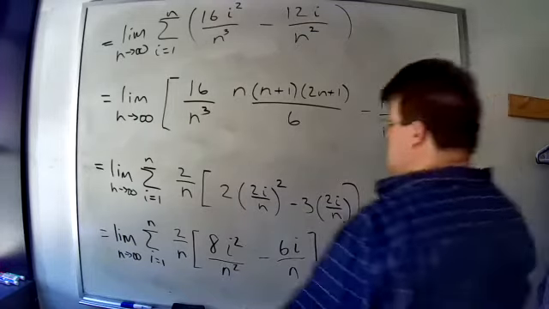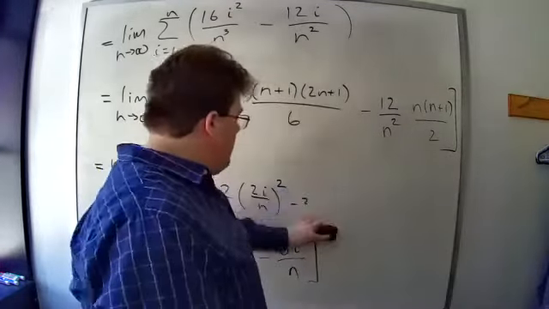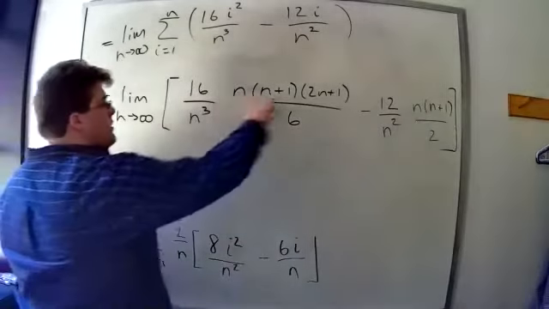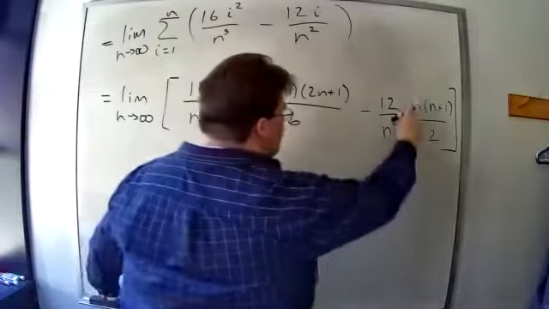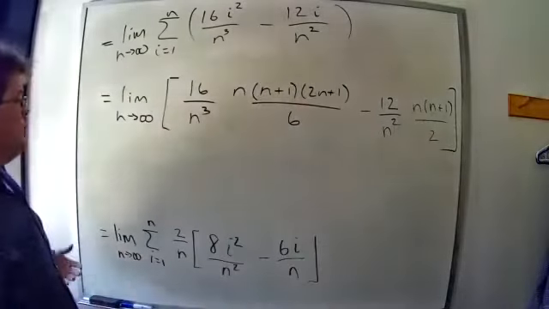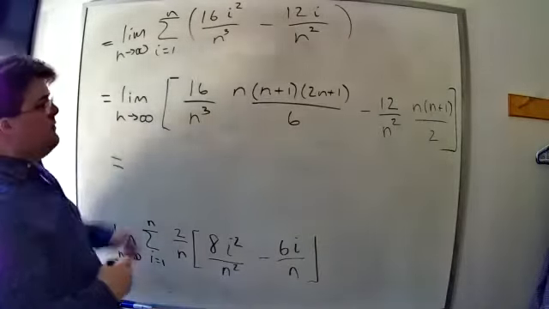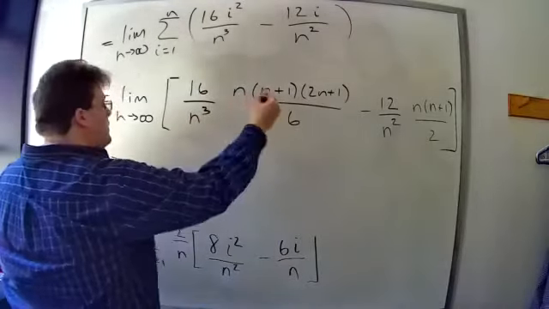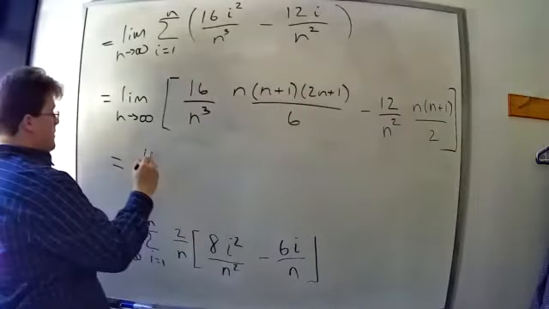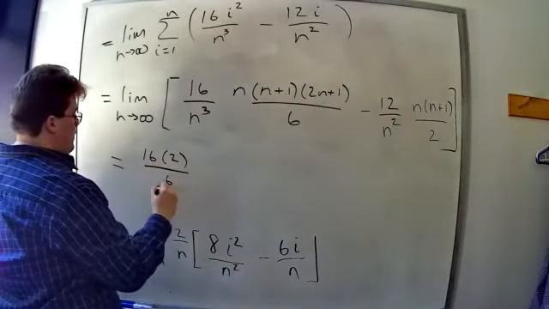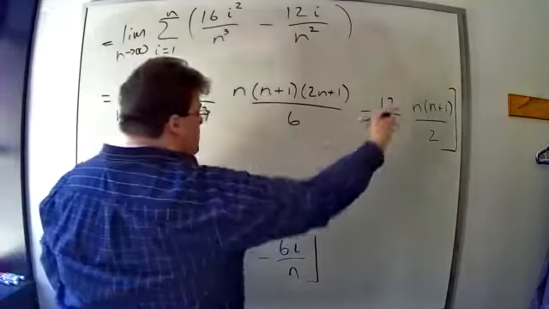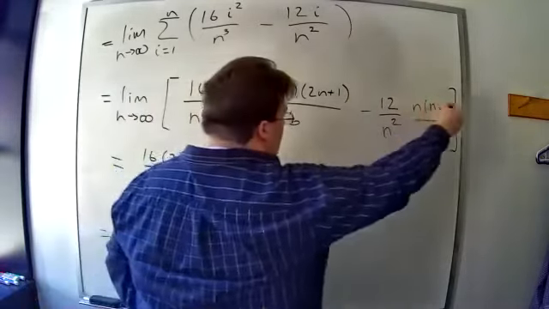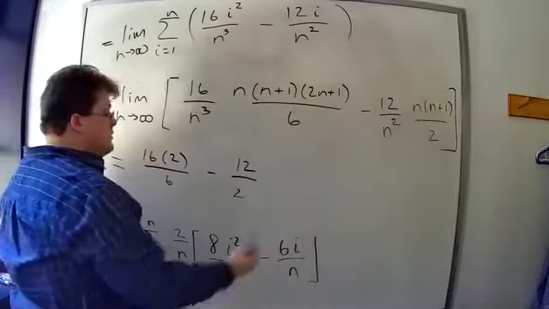And now, all of that work, and we can now take the limit because we have degree 3 over degree 3, degree 2 over degree 2. We can use our coefficient argument. The coefficient on n cubed here is 16 times 1 times 1 times 2 over 6. The coefficient on n squared over there is 12, 1, 1 over 2, so 12 over 2.